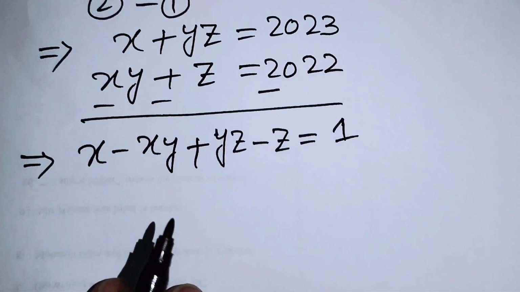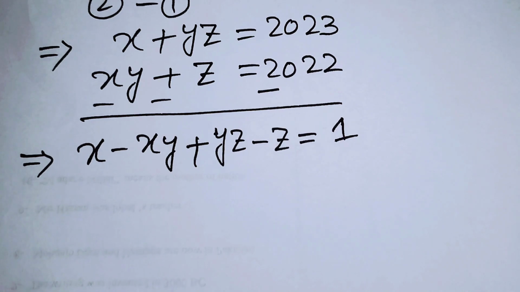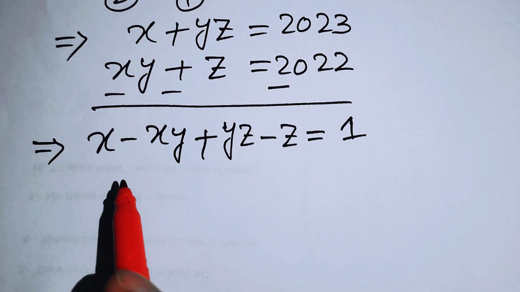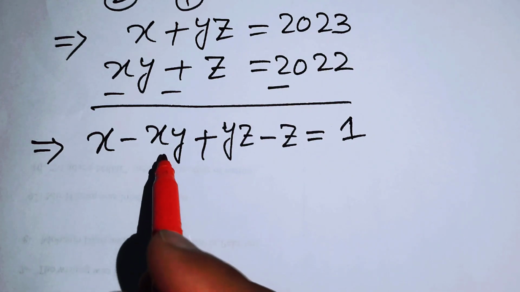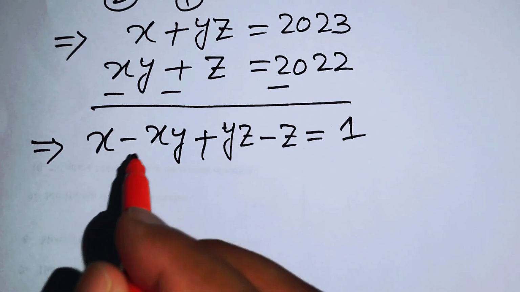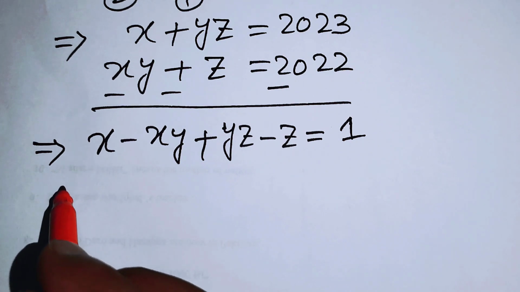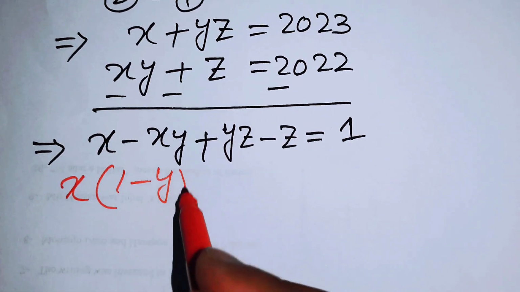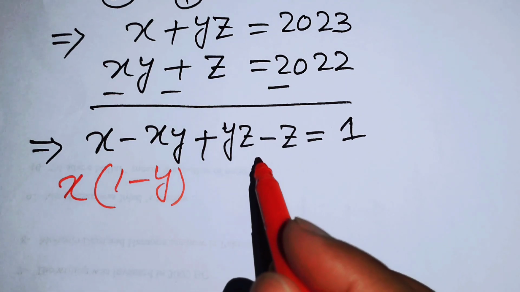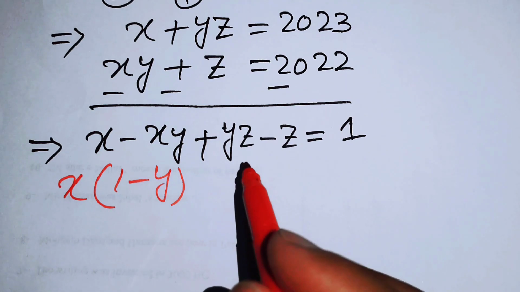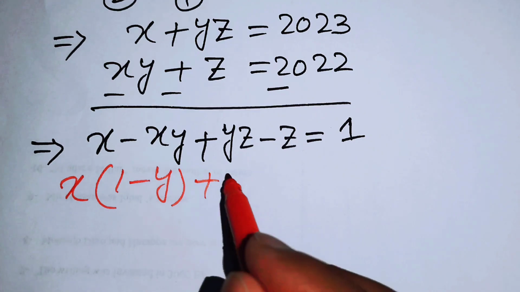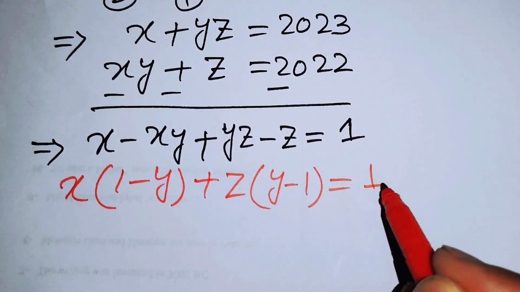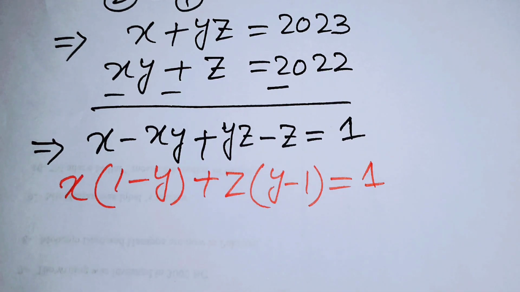And now we will simplify the terms, and first focus on these two terms. Here you see that x is the common term on the first two terms, so we take common x and you get 1 minus y, and you see that z is the common term and you can take common z and you get y minus 1, and the whole is equal to 1.